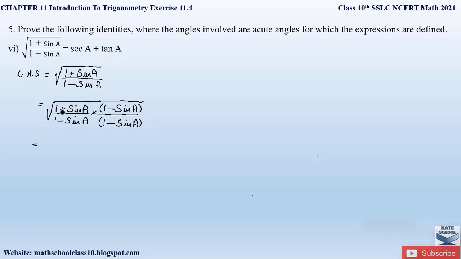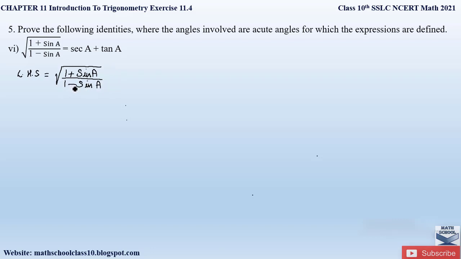Now if you look at the numerator, it is of the form a plus b and a minus b. To remove the square root term, since it is a fraction, we will apply the method of rationalization. Rationalization is a method where we multiply and divide with the given denominator by just changing the sign.